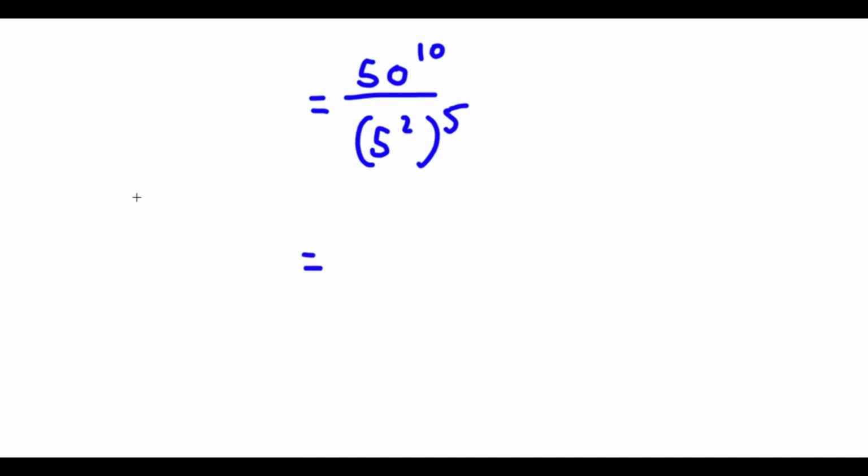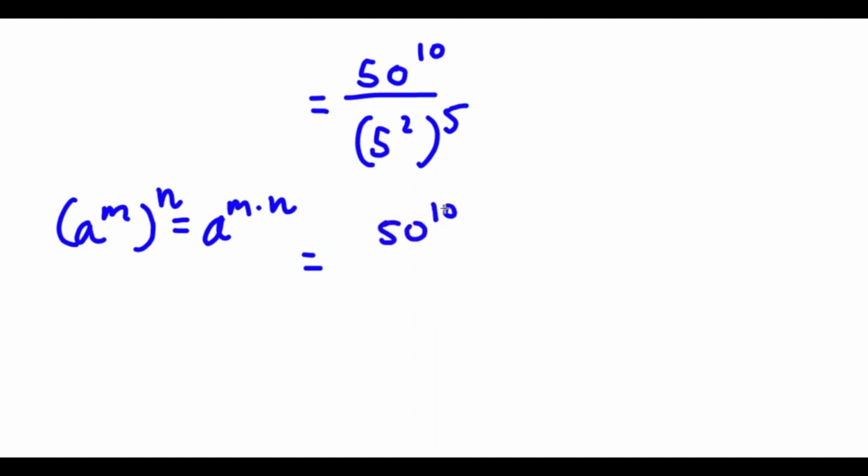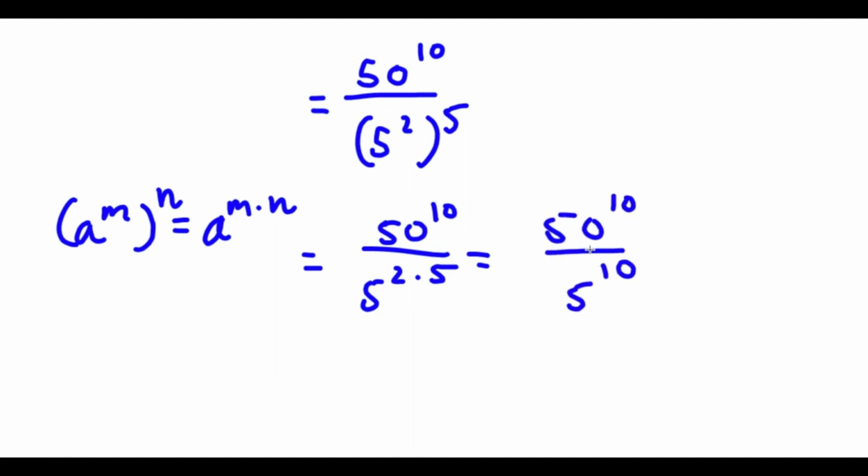Now, if I have something in the form a to the power of m to the power of n, this is equal to a to the power of m times n. So I have 50 to the power of 10 over 5 to the power of 2 to the power of 5. That's going to equal 5 to the power of 2 times 5. And 2 times 5 is 10. So now I have 50 to the power of 10 over 5 to the power of 10.